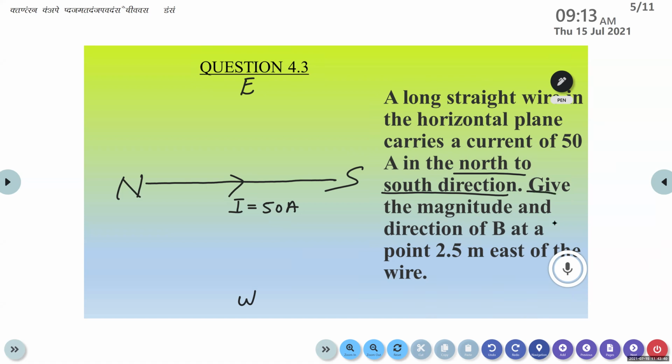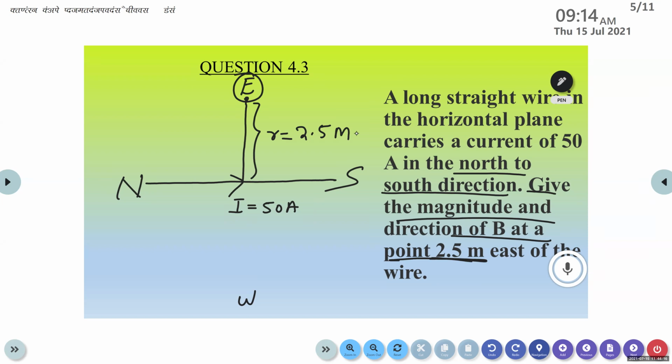What is the question? Give the magnitude and direction of B at a point 2.5 meter east of the wire. Whenever current passes through this long straight wire, it produces a magnetic field in the east. It is at a distance of 2.5 meter from the straight conductor, so R is equal to 2.5 meter.